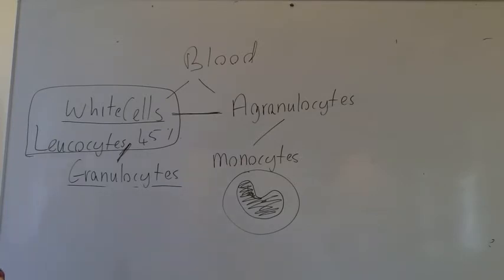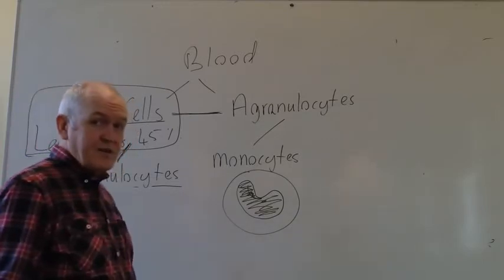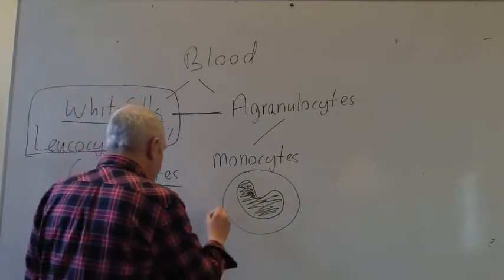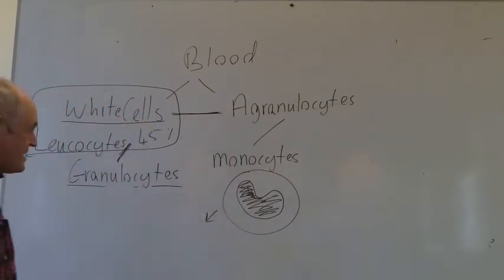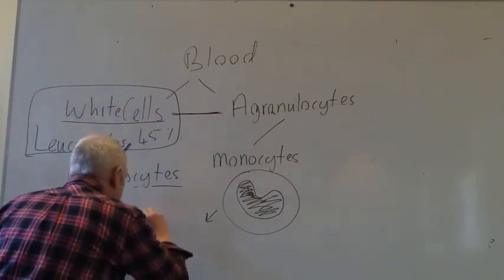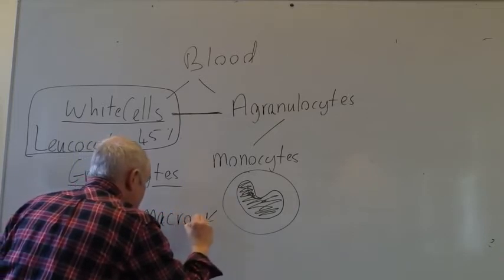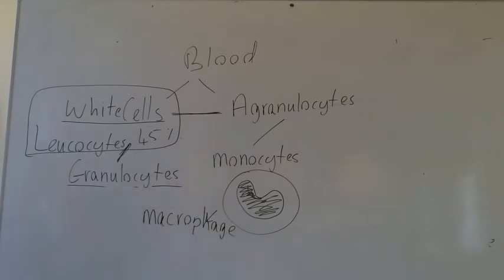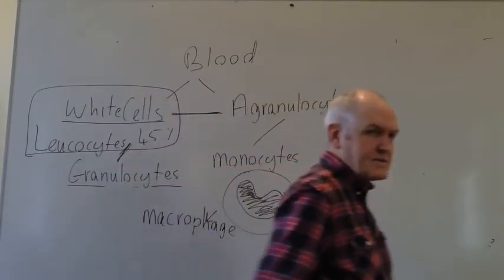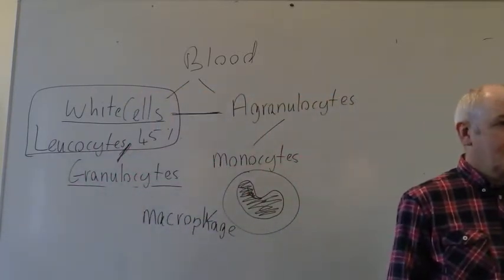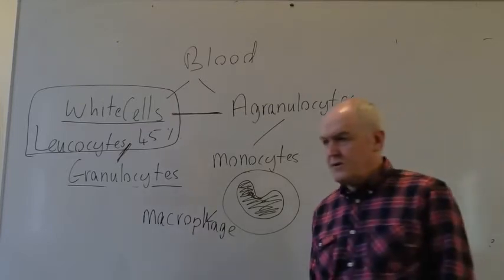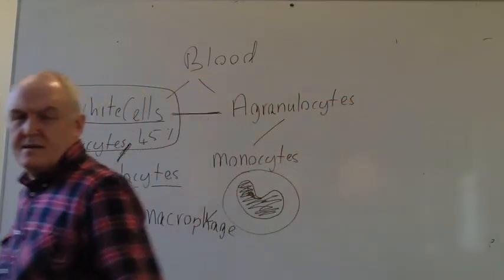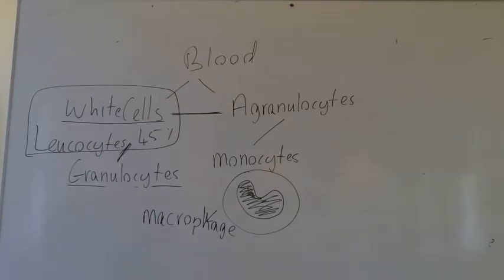Our monocytes are large cells, and they too can move into the tissues. And when they move into the tissues, they change their name from monocytes to macrophages. And macrophages are the ultimate bacteria eaters. They will gobble up bacteria at a huge rate using the process of cell eating, which is phagocytosis.